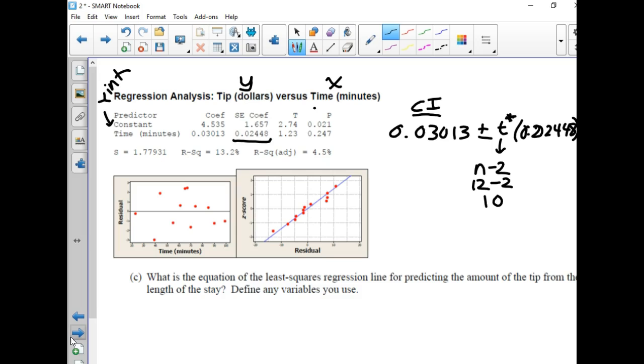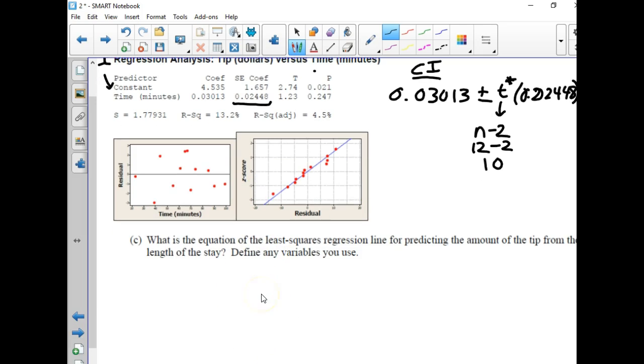I will have to get copies for you. I'm sorry. Okay. Let's go through, though, and do the least squares regression line. So the least squares regression line, Y hat, your predicted tip, is equal to your Y-intercept, 4.535, plus 0.03013 times your time.